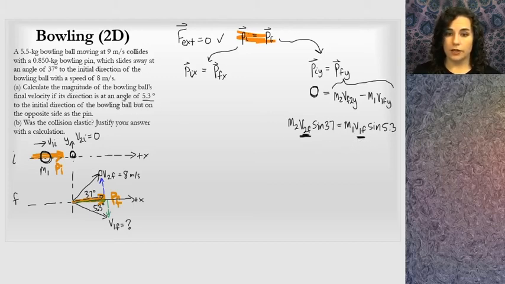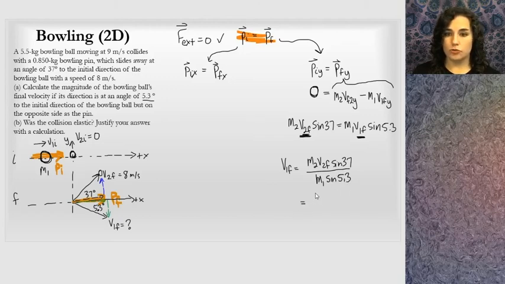Can I calculate it from this equation? Let's see. V1 final equals M2 V2 final sine 37 divided by M1 sine 5.3. Yeah, it looks like it.